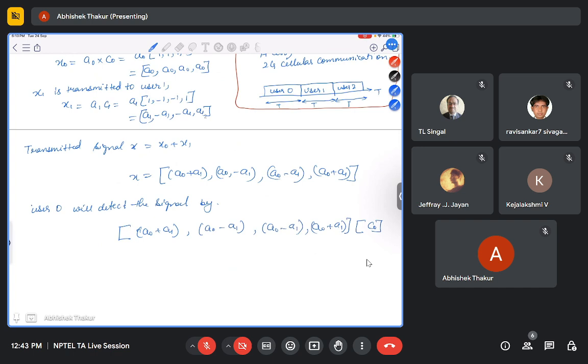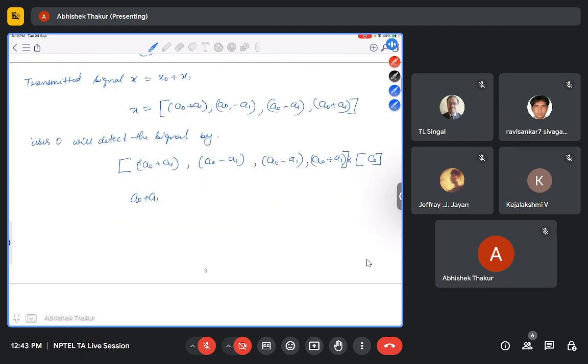Here c0 is 1, 1, 1, 1. So let's take the dot product. It is not like a dot product exactly; we multiply and we have to sum it.